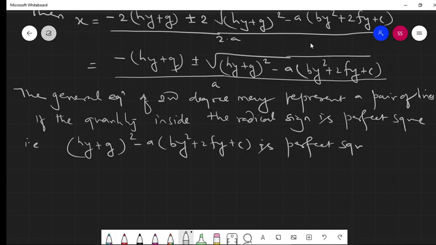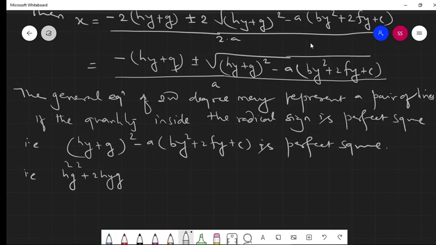Then, applying (a + b) whole square, we get h square y square plus 2hgy plus g square minus aby square minus 2afy minus ac is a perfect square.